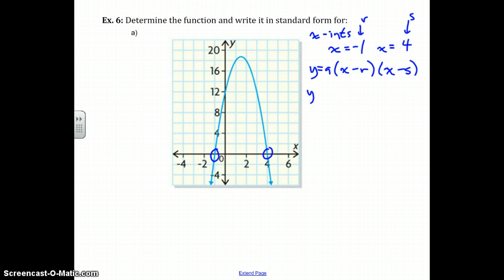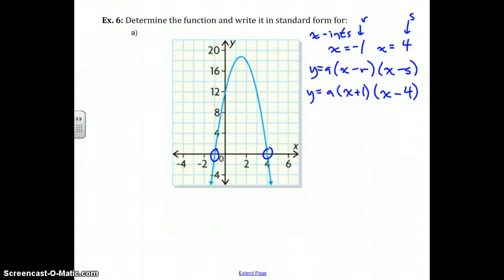So we can go y equals a bracket x, and then it's minus -1, so it becomes +1, and x minus s, so it's just x minus 4. Remember, the sign is going to be the opposite of the intercept. Okay, so we have this here, which is pretty much our equation, but not quite.